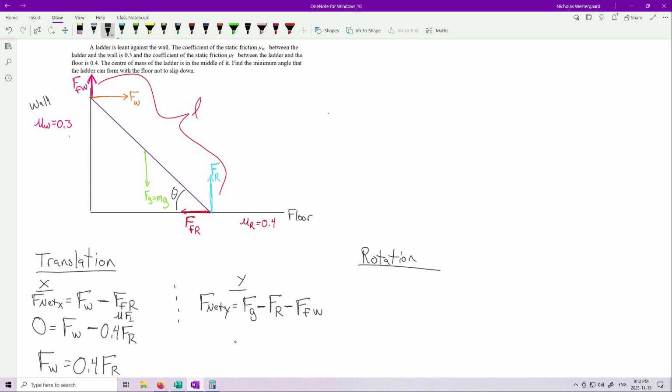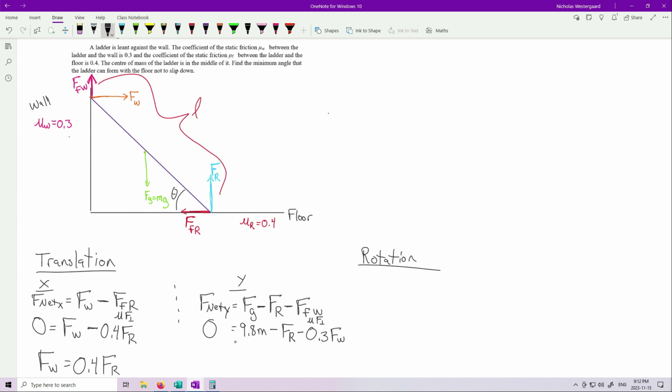Maybe Y will help us out. F net Y is 0. This is mg minus Fr. There's no formula for Fr. But wait, force friction wall. Friction is coefficient times the appropriate normal force. The friction of the wall is 0.3 times the wall normal force.